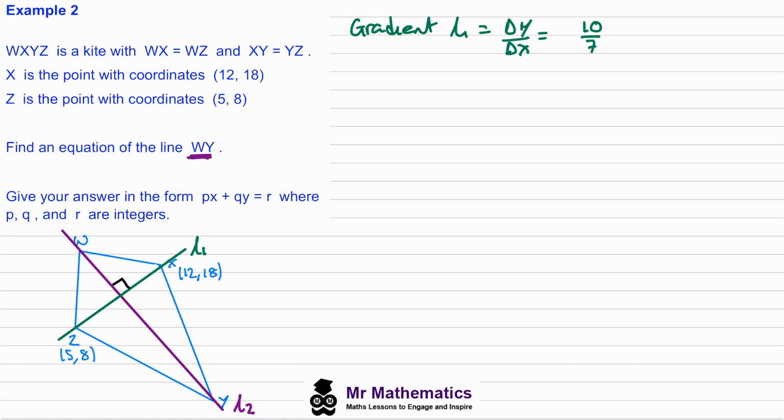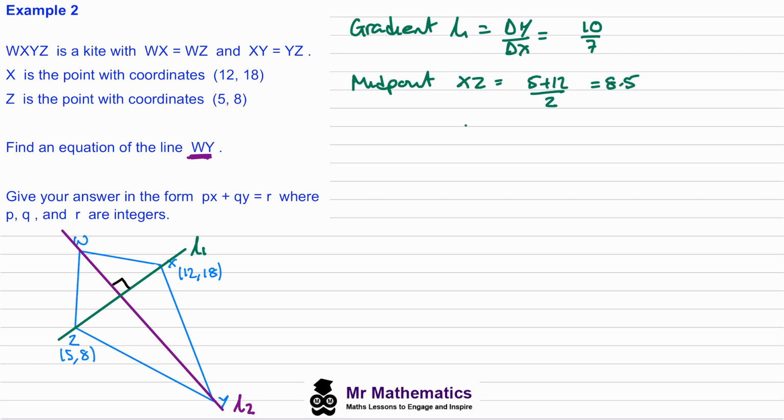But we also need to know a point where the line L2 passes through, and this will be the midpoint of the line segment ZX. So we need to work out this midpoint. So if we say the midpoint of XZ, well, this will be the average x value, so the average of 5 and 12, so 5 plus 12 divided by 2, which gives us 8.5.